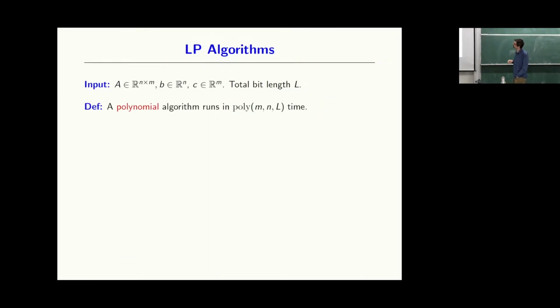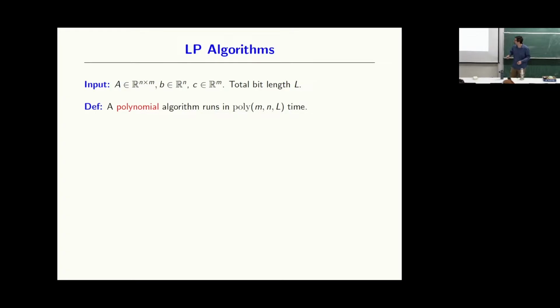Okay. So the kinds of algorithms that one can think of, if you want to actually solve this problem, is what you would usually hope to be a polynomial time algorithm. And a polynomial time algorithm is something that runs in time that's polynomial in the size of the input. If I give you your input data, which is a constraint matrix, your right-hand side, your objective, then the size of the input should include the size it takes to actually write down the coefficients.